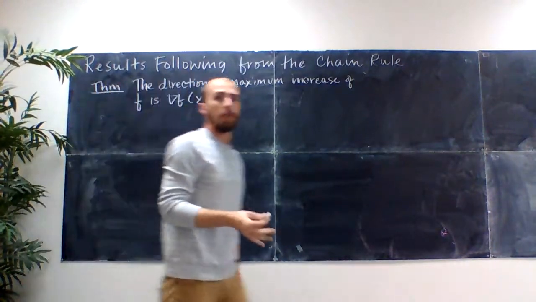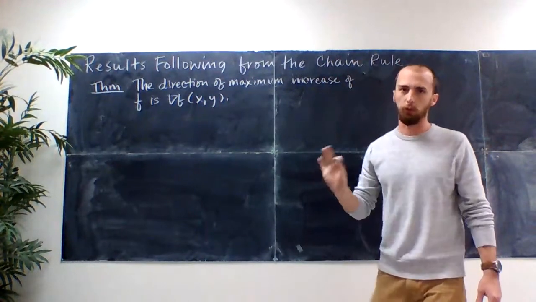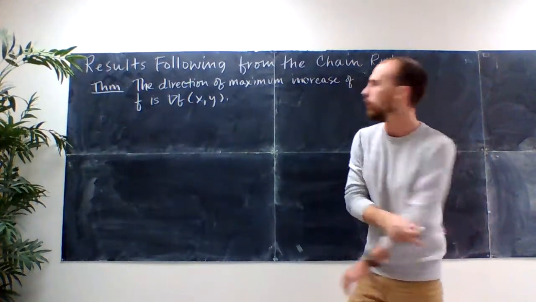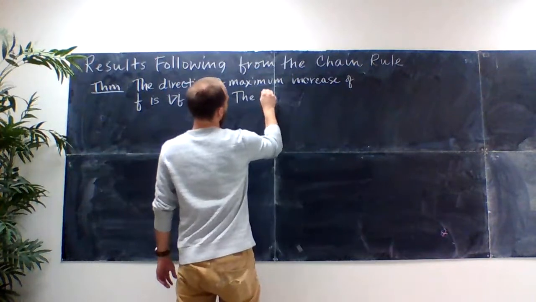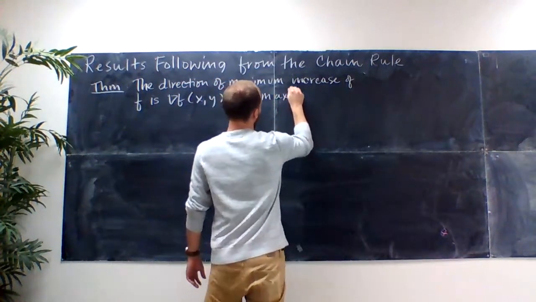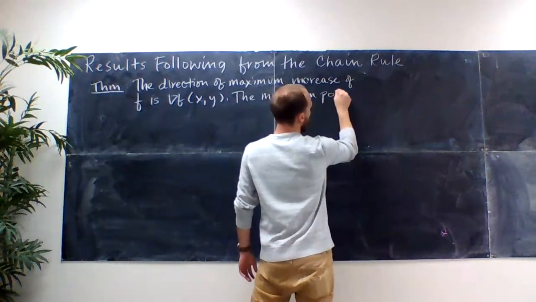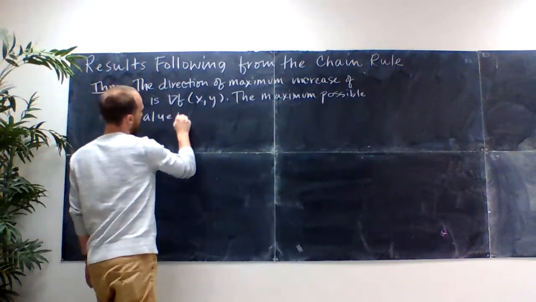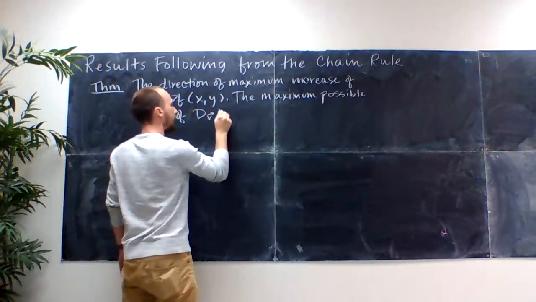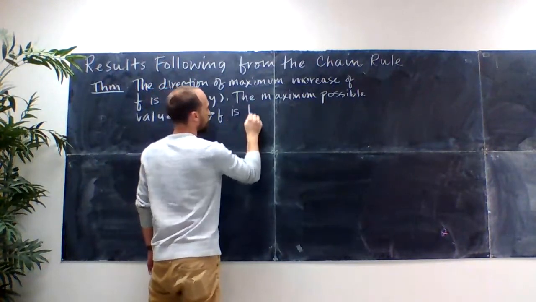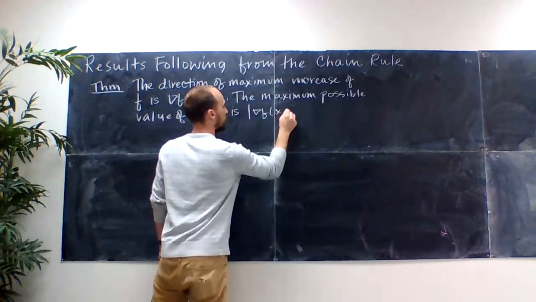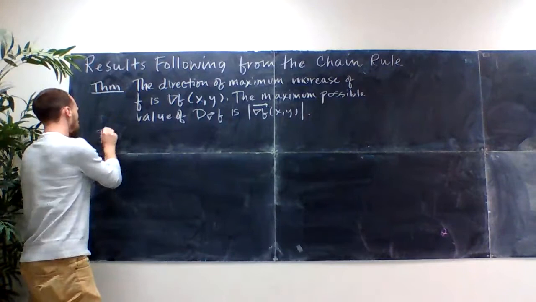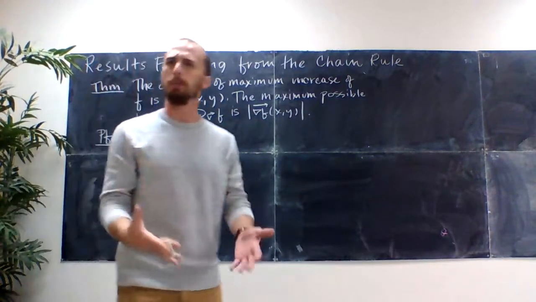And then moreover, the maximum possible value of the directional derivative is going to be the length of the gradient. Okay. So I'm going to jump in and get to a point where I can show you that both of these things are true.